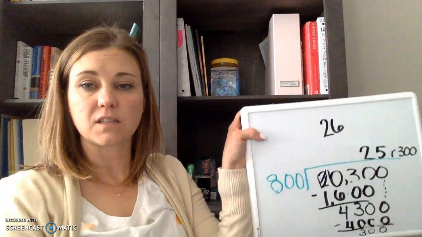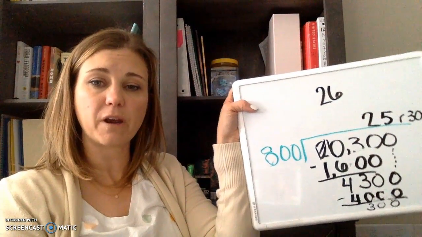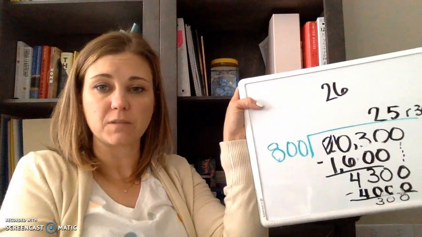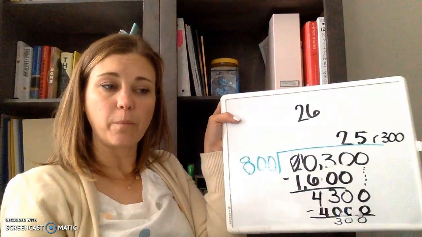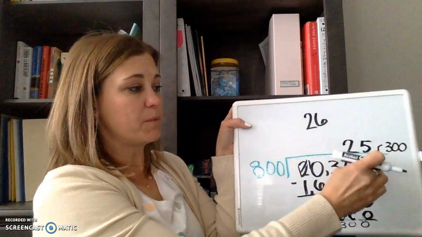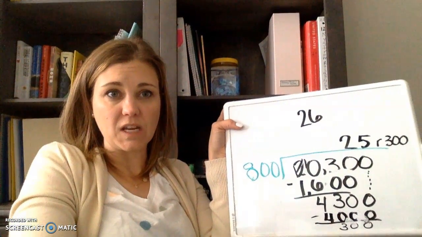So the least number of buckets to fill that barrel all the way to the top would be 26. I would need to round up to 26 to make sure that I fill that barrel all the way to the top. And that is my best mistake. A lot of us stopped right here at 25, but our problem asked to fill it up. And it's not full if we stop at 25. So we need to put one more in, and that gets us 26.